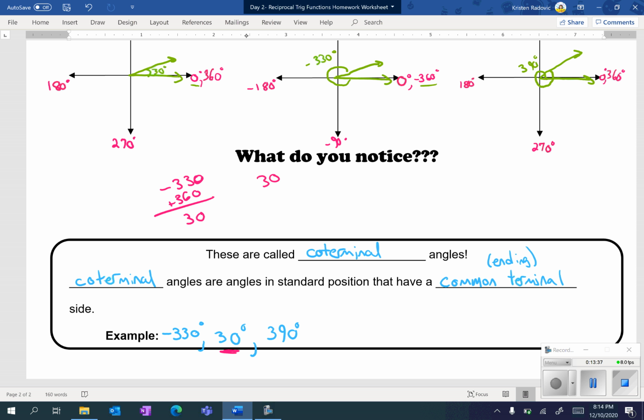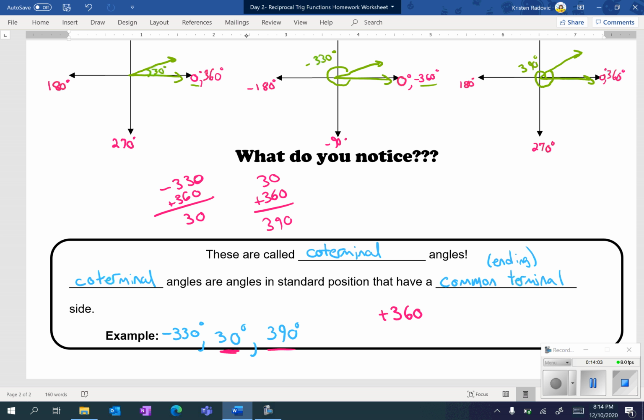If I take 30 degrees and add another full circle, I'm going to get to my next coterminal angle of 390. So whenever you think about coterminal angles, I want you guys to think about adding 360 degrees, going a full revolution around the circle and ending in the same spot.